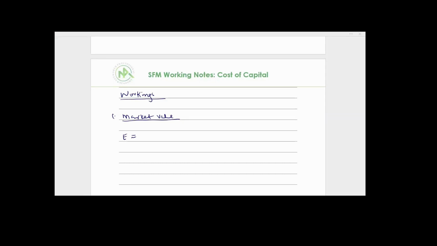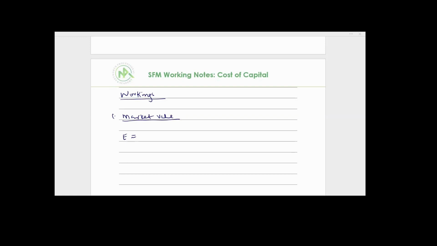Those are the share capitals of the proxy companies. So we need to convert those share capitals to number of shares. Share capital divided by nominal price will give you the number of shares. Then we multiply with the ex-div share price.